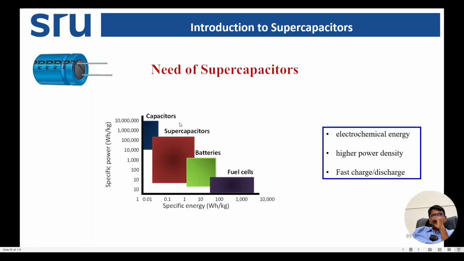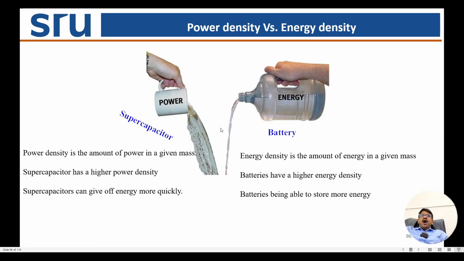So why do we need supercapacitors? To address the limitations of batteries and capacitors. See the picture, you can understand power density and energy density.